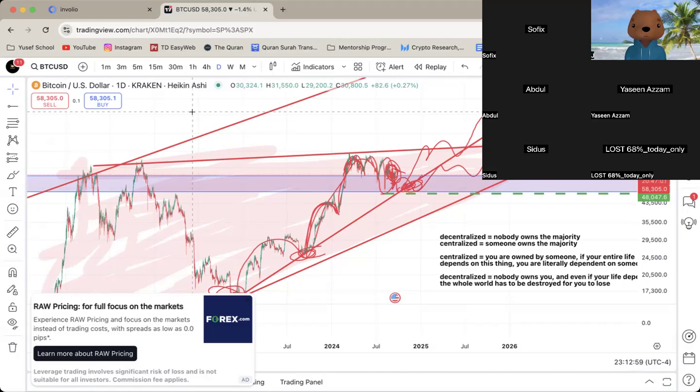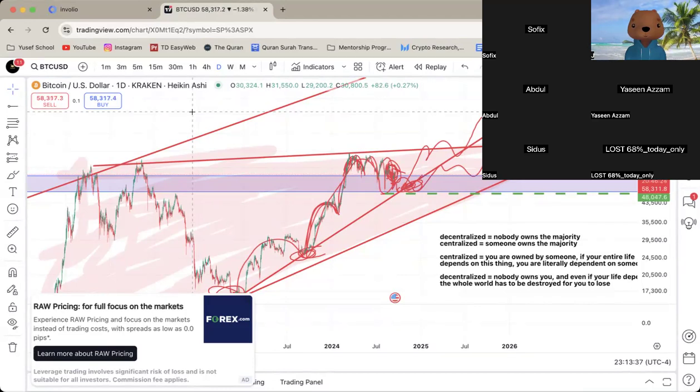So the most likely winning setup on Bitcoin, and I'm writing this down, so I hope you guys are writing this down too, the most likely winning setup on Bitcoin as of September 15, 2024 is longing off the support.